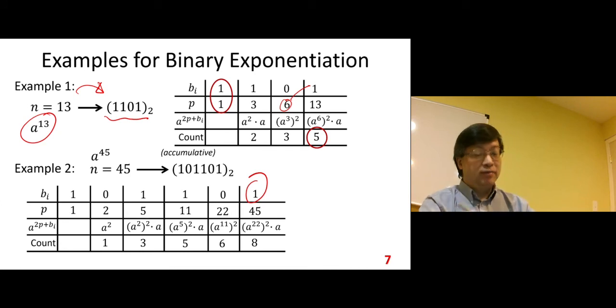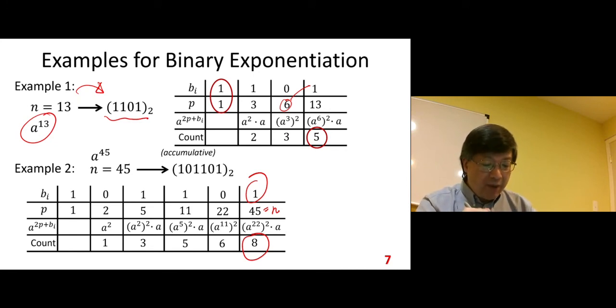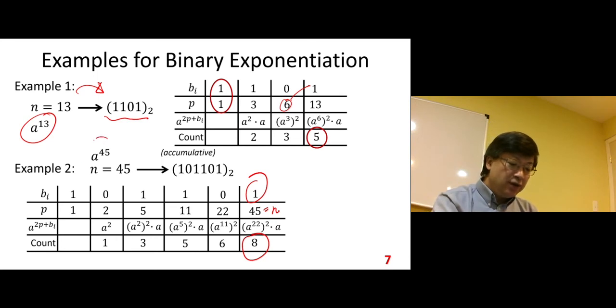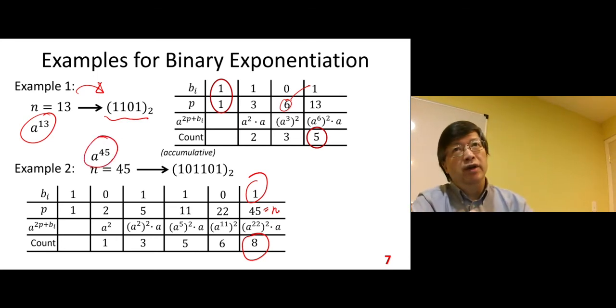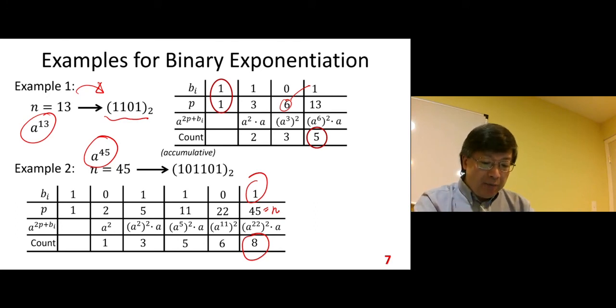So that's the same number as our N. Okay? So this is the answer. So you can see, using this way, we can use the minimum number of multiplications to calculate this expression.